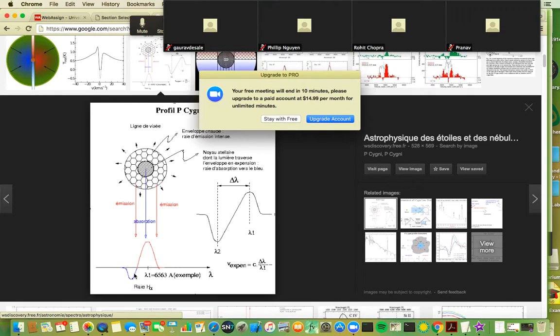You see that with the component in absorption as a result of the star itself blocking from view the radiation that is going away from you. So you have a blocking produced by the star.